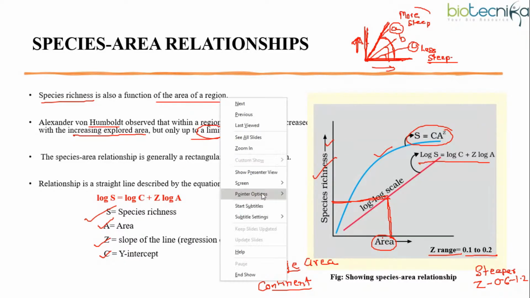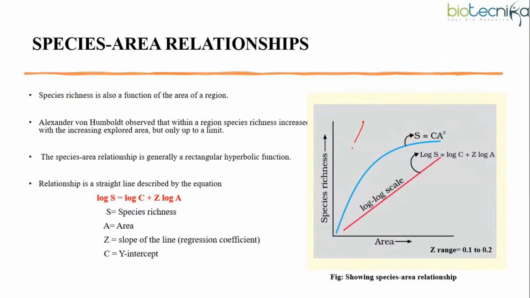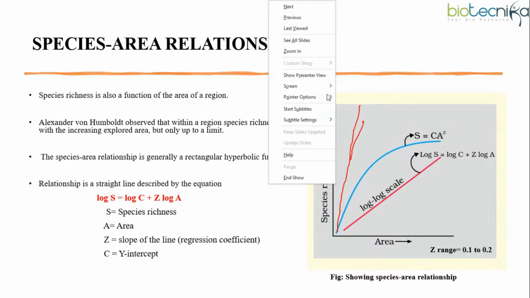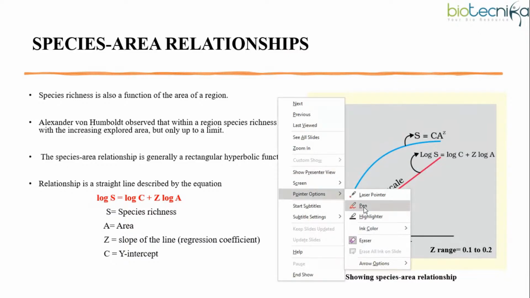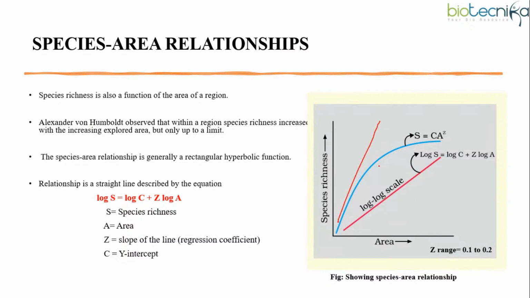So if I simply draw a line here, what will it indicate? It will indicate that the number of species is increasing faster than the area being explored in very large areas like the entire continent. So this concept of the steeper slope is also very important that you have to keep in mind.